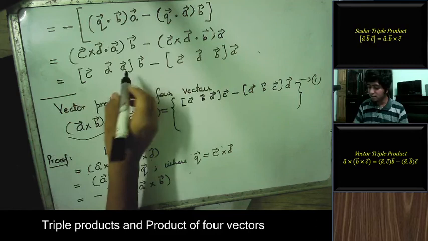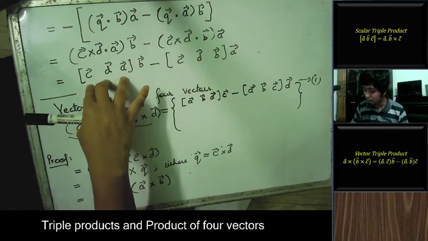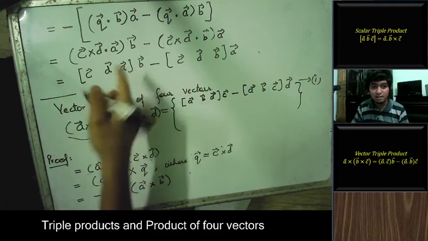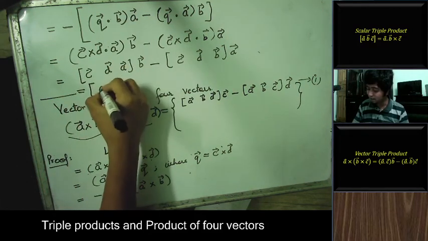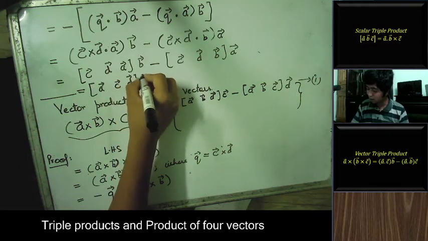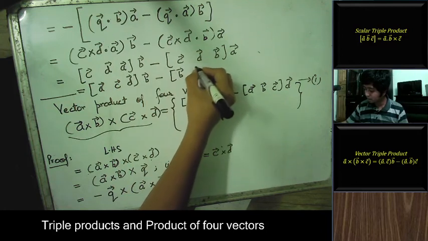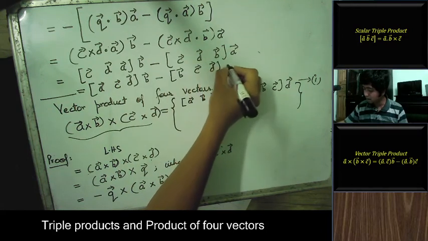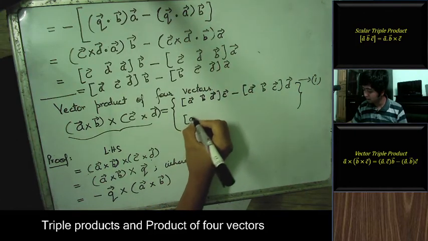You can even arrange this one. If you remember yesterday, if we are having a box product, we can easily interchange this one. So this one you can easily write down as ACD B minus BCD A. So this one is the second formula that we can use.